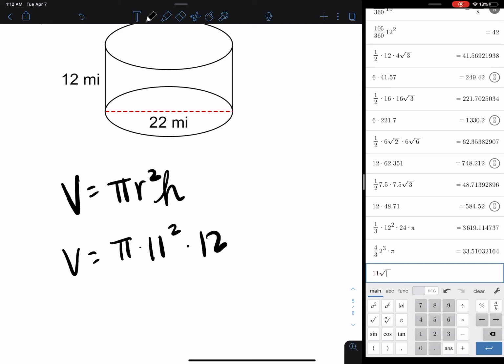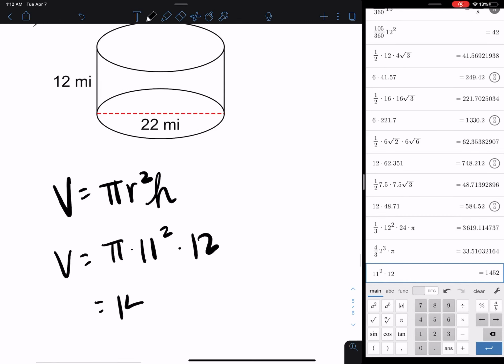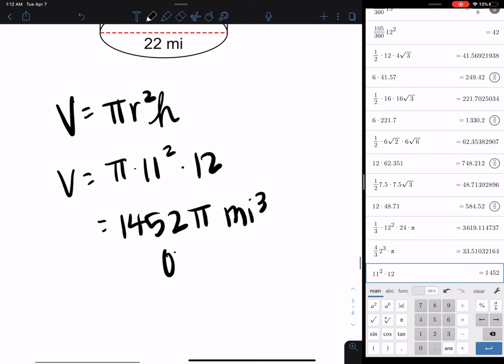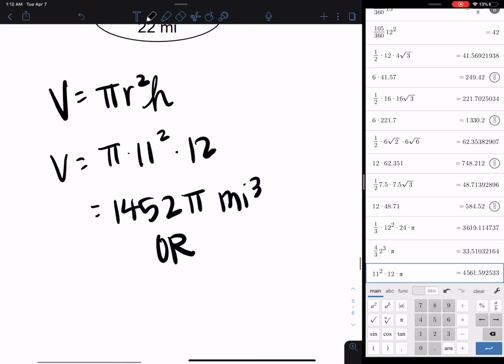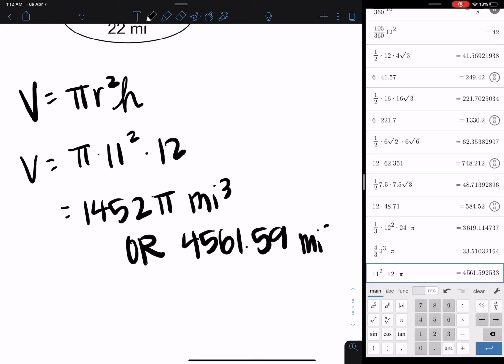So 11 squared times 12. That gives us 1452 pi miles cubed. Or if we multiply this by pi, we would have 4561.59 miles cubed for the answer. So this is the one that you'd see on the multiple choice.